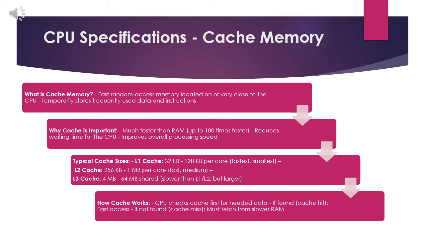If the data isn't there, we call it a cache miss. The CPU has to look in the slower L2, L3, or finally the much slower RAM. The more cache you have, the faster your computer feels during complex tasks.